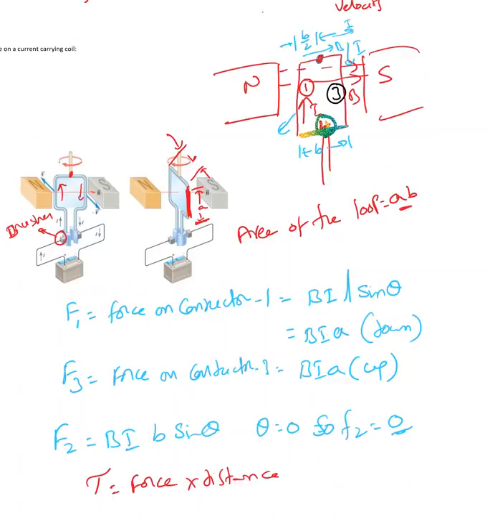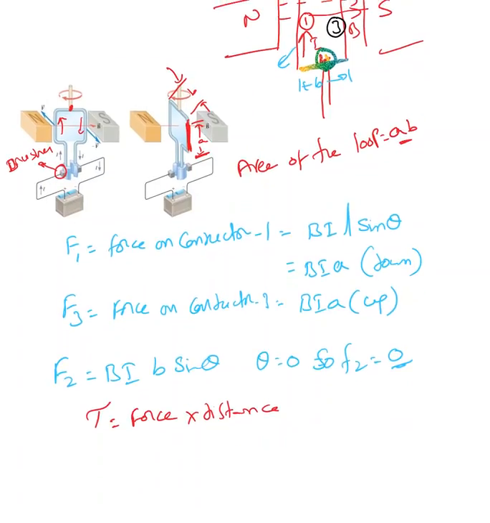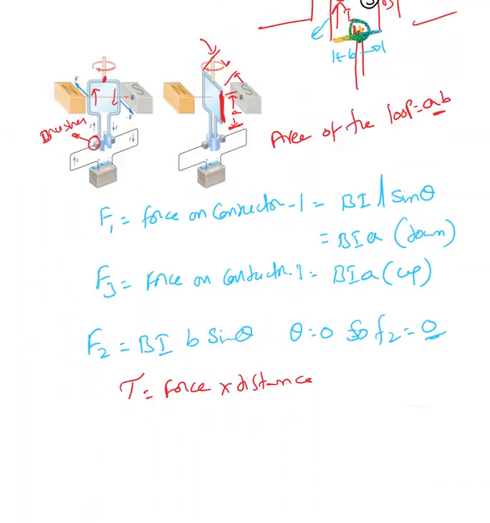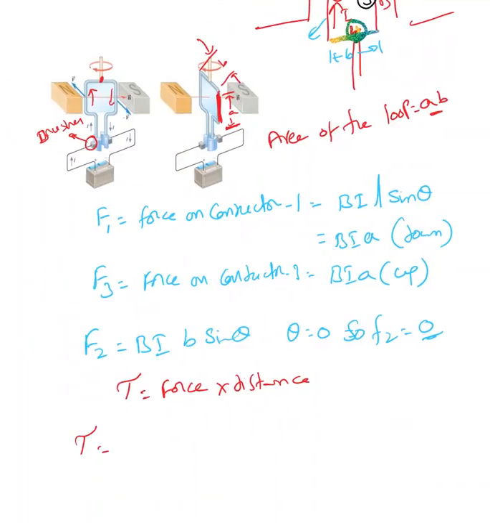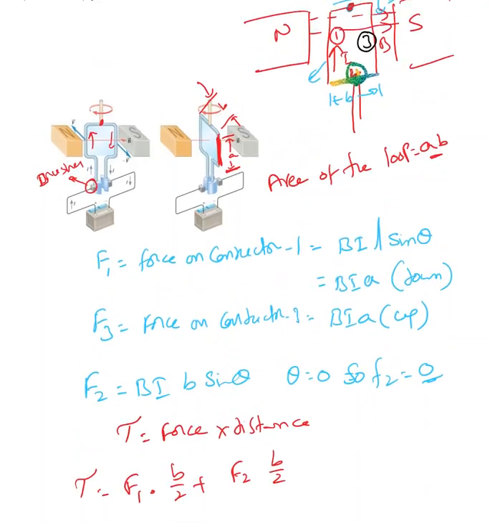So if you look at the total torque on that conductor, tau equals F1 times B by 2 plus F3 times B by 2. Because one is going towards down, another one is going towards up, so they both are going to add up together. Sorry, this is F3, my apology.